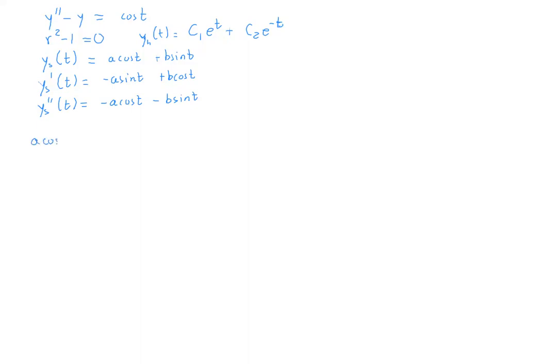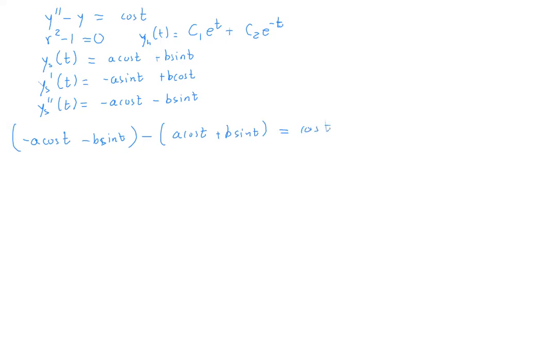So I plug them in. I get minus A cosine t minus B sine t. That's the second derivative, right? Minus the function itself, A cosine t plus B sine t. That should be equal to cosine t.